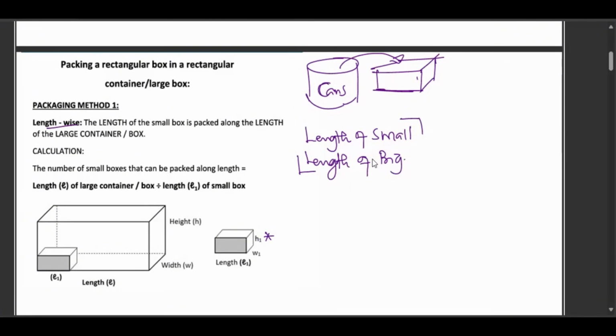Lengthwise simply means the length of the bigger box divided by the length of the smaller box. Always, it will be like this. Another thing to take note of in packaging, we don't round up, but we round down.